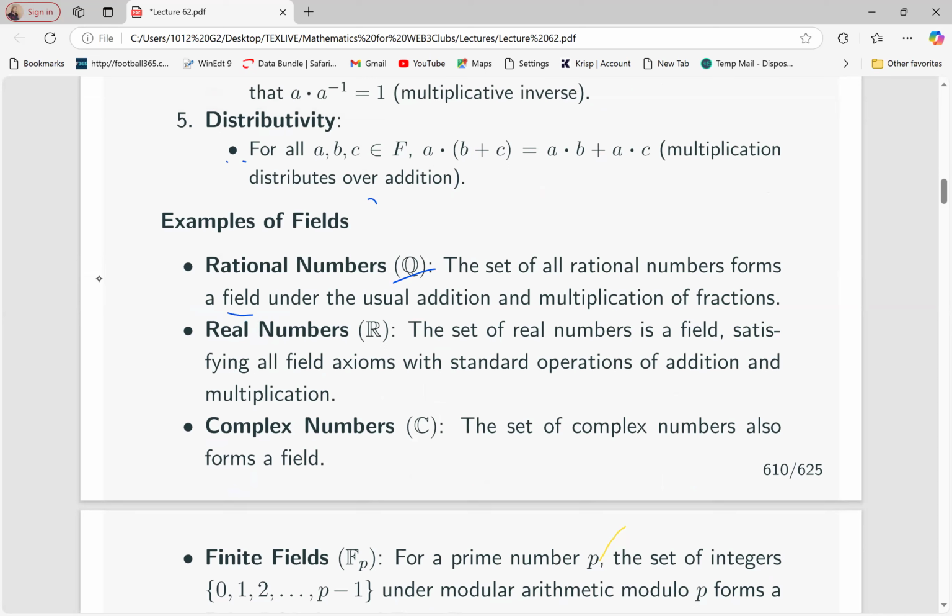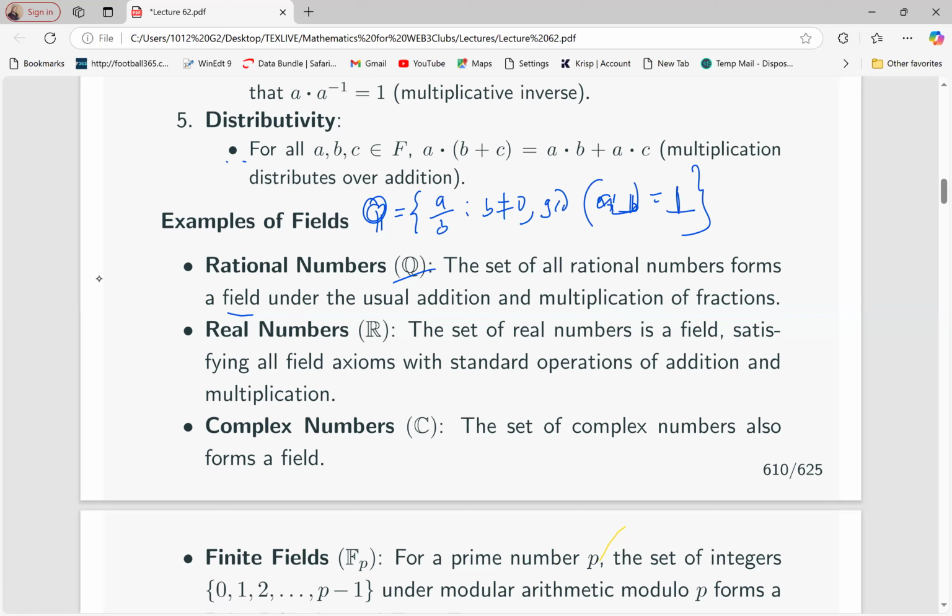Rational numbers are numbers that can be written in the form A out of B, where B is not equal to 0, and the GCD of A and B is 1. In other words, the only common factor between A and B is 1. This is what we call rational numbers.